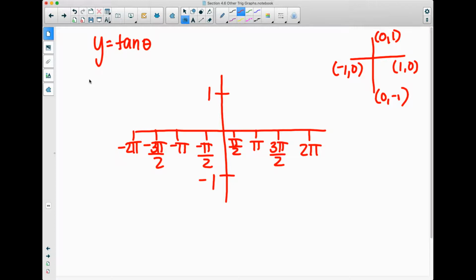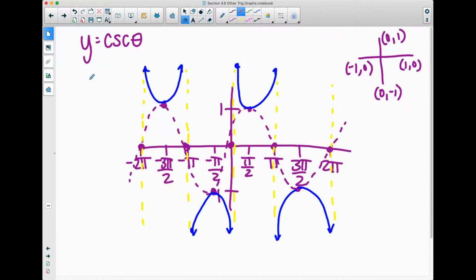Oh, and before I forget, let's go back for a second. What's the amplitude of cosecant? Infinity? No, not infinity.